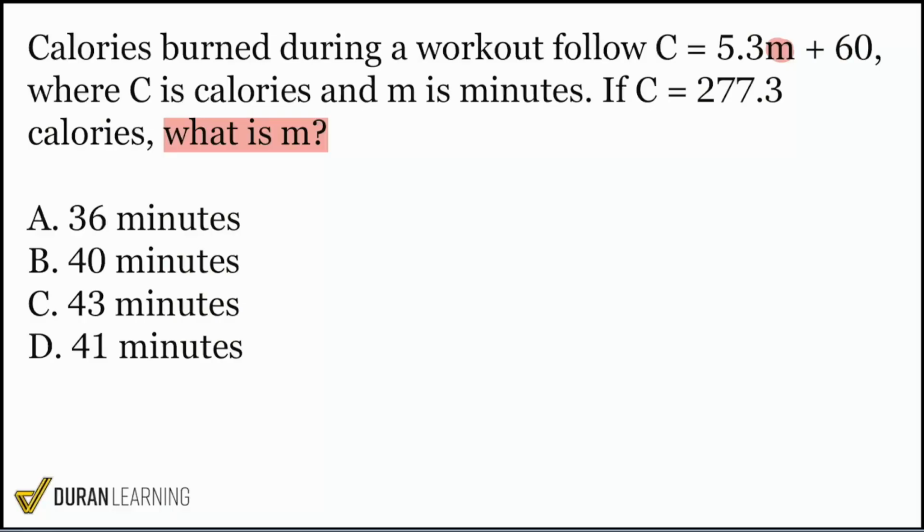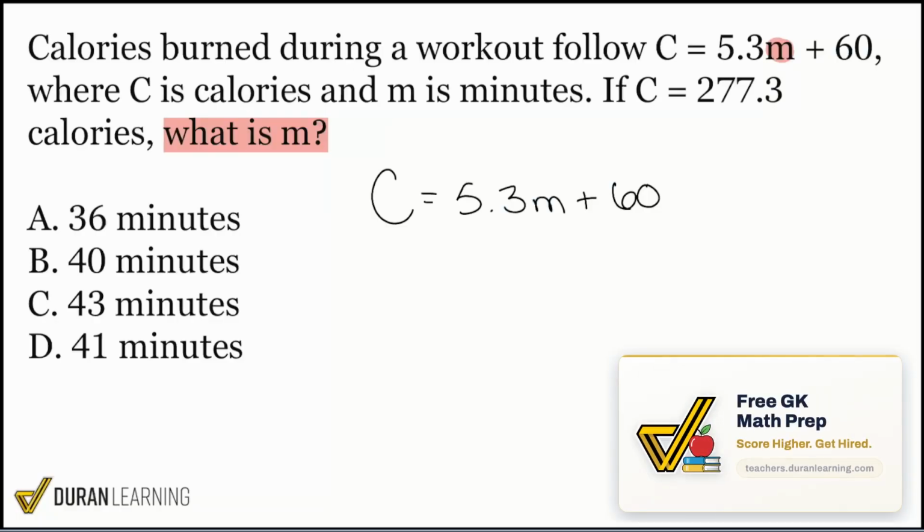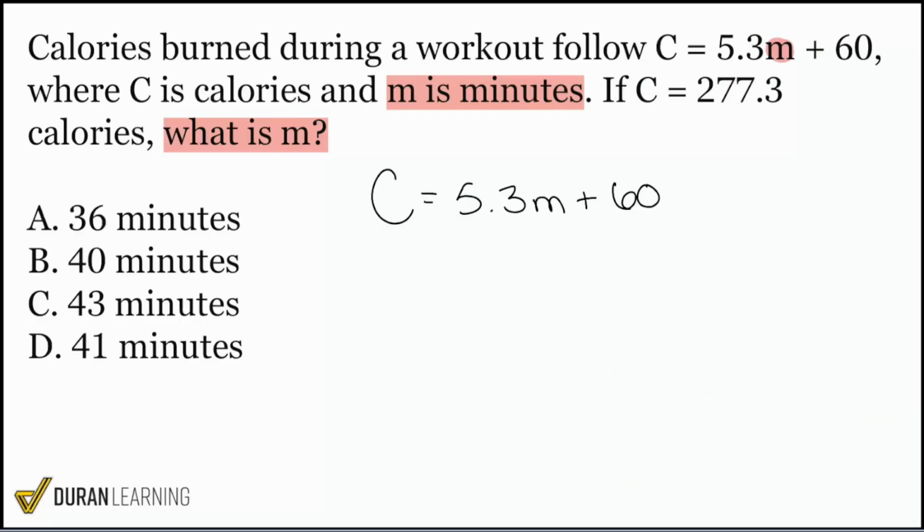So everybody, can we confirm that in the equation C equals 5.3 M plus 60, we are absolutely looking for M? Can we confirm that? Yes, we absolutely can. Trace the information. What is M? M is minutes, and there it is right there. We can feel pretty good about that.